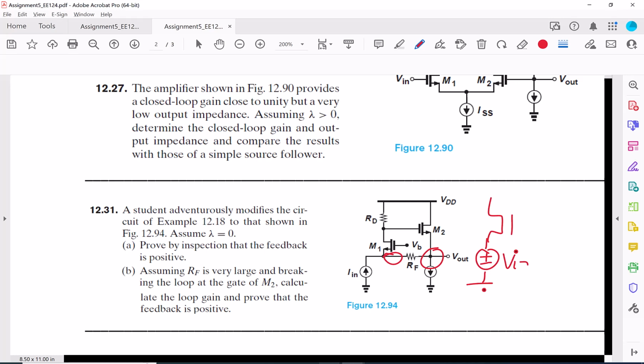I won't test this in the exam, right? But you're a circuit designer. How are you going to do subtraction based on this circuit? Yeah, let's say I already get the VF. How do you do subtraction V in minus VF or VF minus V in?